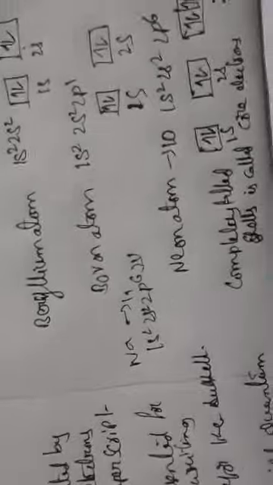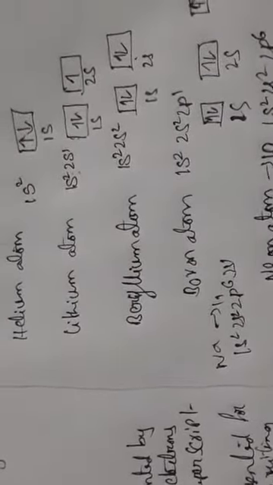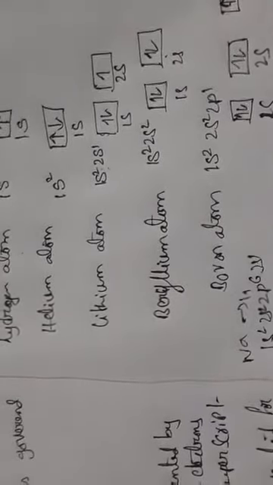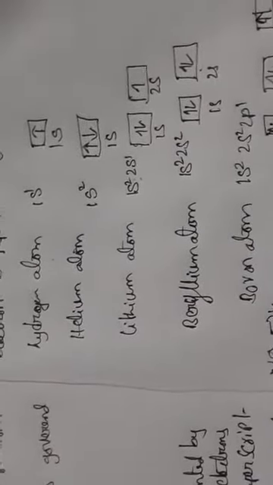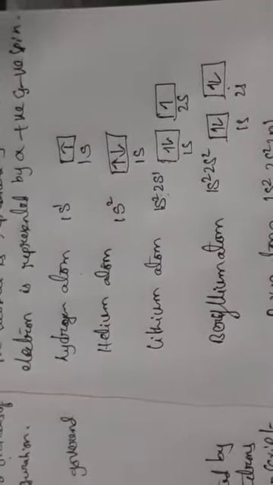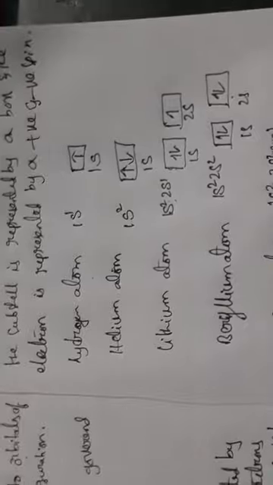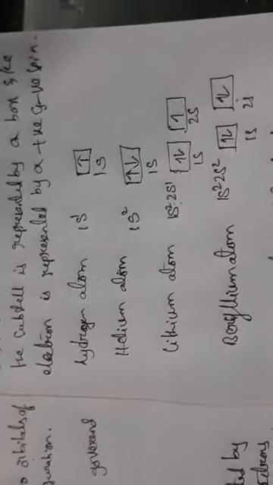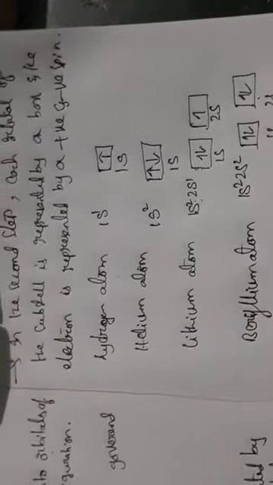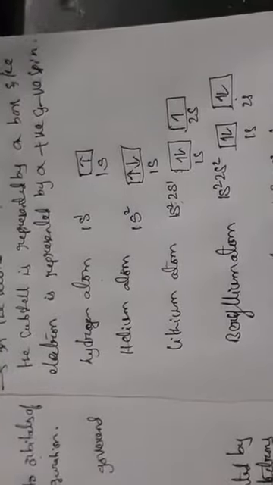Many of you may have a doubt: what is the use of knowing the electronic configuration? Why do we use it? In the modern approach, chemistry depends almost entirely on the electronic configuration to explain chemical behavior. For example, questions like why two or more atoms combine to form molecules. An atom is the smallest particle, and by combining atoms we get a molecule.